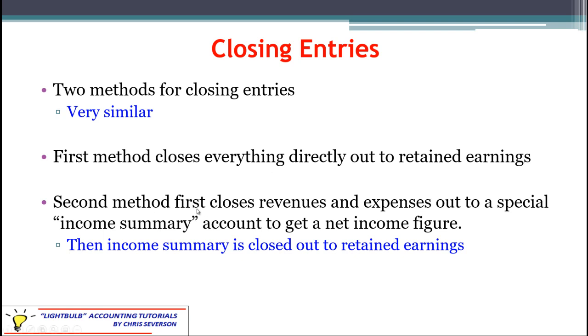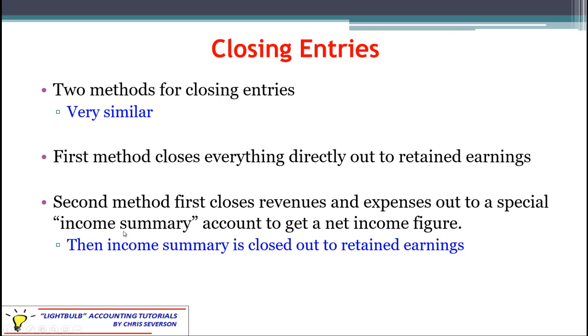The second method first closes revenues and then expenses out to a special, very, very temporary account known as income summary. And then the income summary account itself is closed out to retained earnings. Now, dividends are still going to be closed directly to retained earnings.